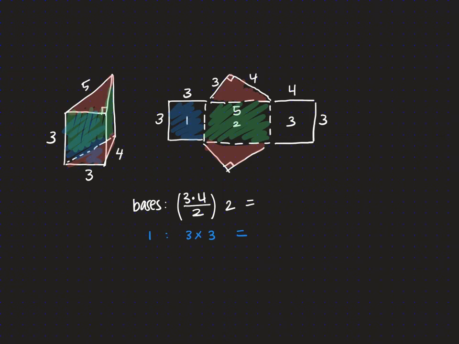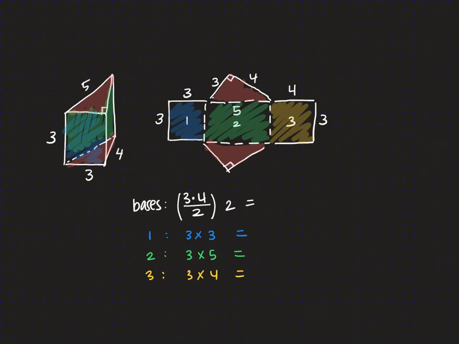It's kind of hard to see, but side 2 is going to be 5 times 3, or 3 times 5. And then my third one, which is going to be this, you're going to have 3 times 4. And you don't have to double any of these because you only have 1 of each. And then you go ahead and calculate.